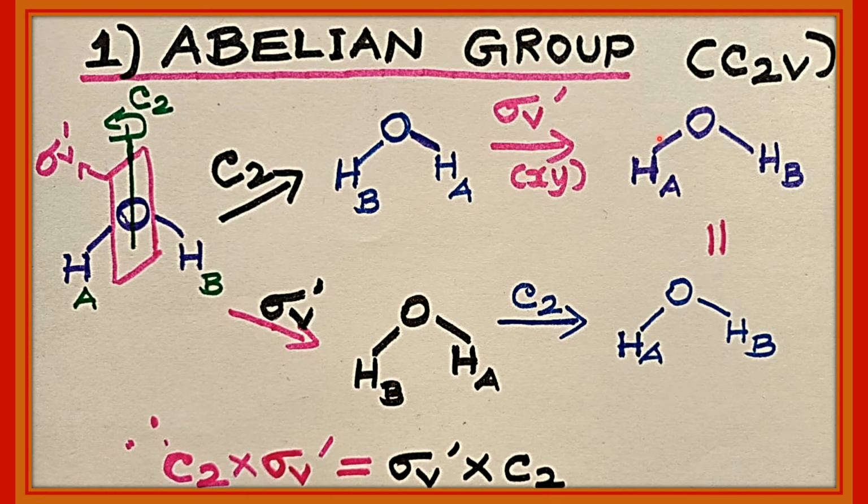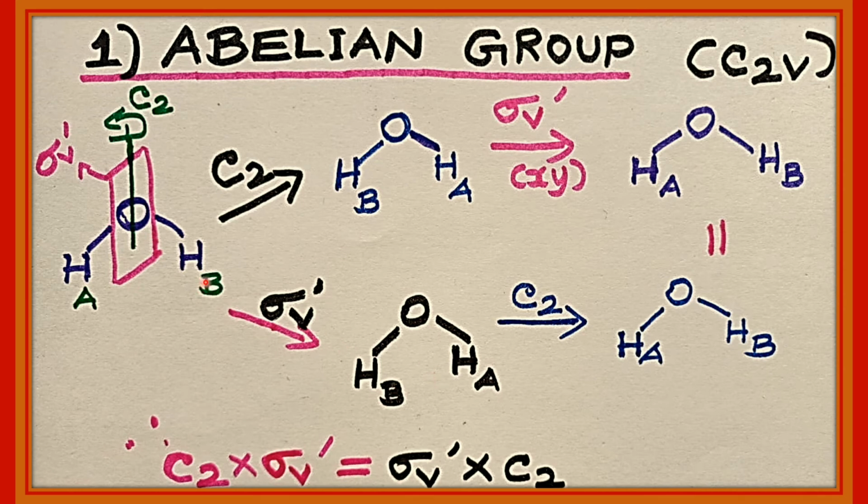Let us first carry out the C2 symmetry operation. On rotating the molecule about this C2 axis, A will come here and B will come here. Next, it is operated with the sigma V prime plane, that is in this plane. Therefore, A will come here, B will come here. We will get this resulting new configuration. Similarly, let us operate in the reverse direction, A into B equal to B into A. So, sigma V prime is first carried out.